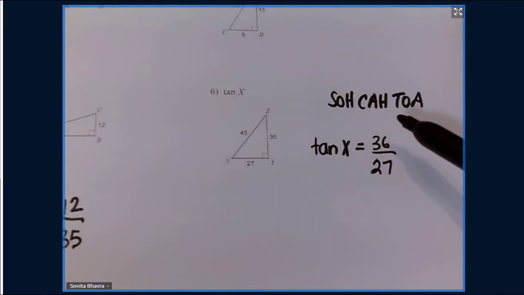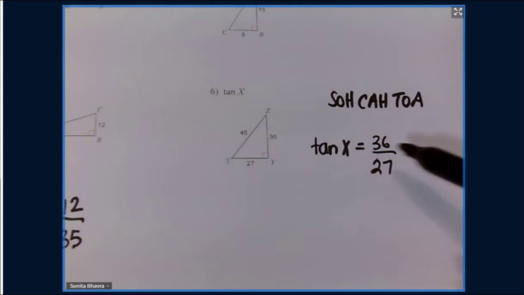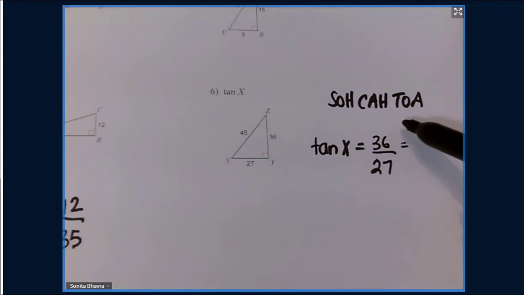The tangent ratio is only looking at opposite and adjacent. So once you've put this into fraction form, it does say to put it into lowest terms. So I can use 9 to reduce, so I get 4 over 3. So tan of x is equal to 4 over 3.